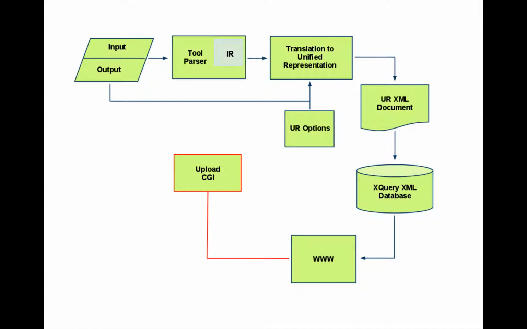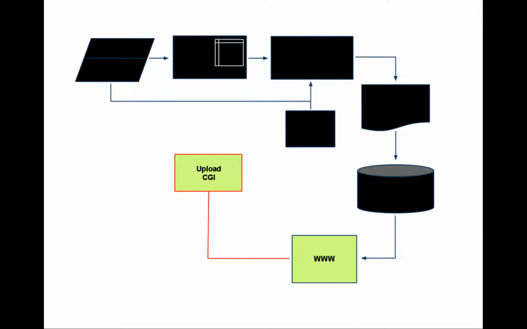With our collection of URXML documents, we put these into an xQuery and XML database. Now, in terms of the end user experience, we really don't need to worry about any of those parts. And what we're going to do now is to go into the web client interface to these parts of ESTEST and begin a series of tutorials to show what you as an end user can do with ESTEST.